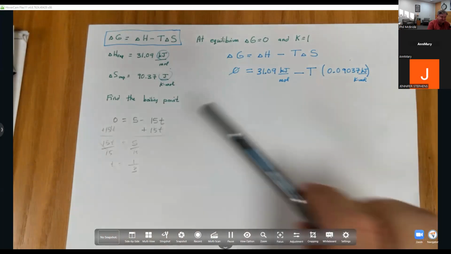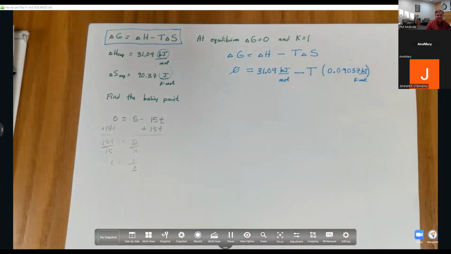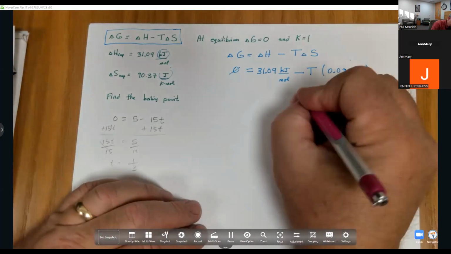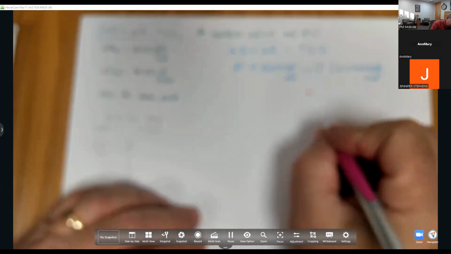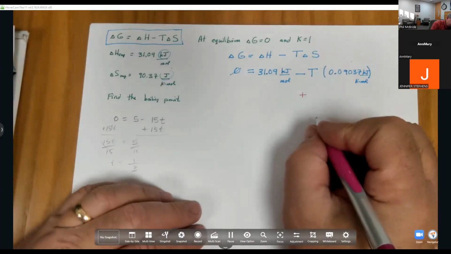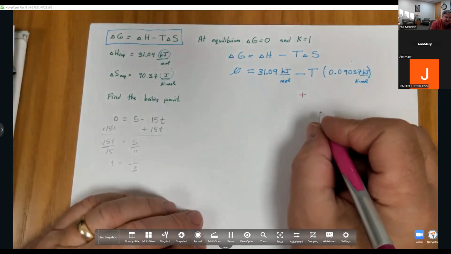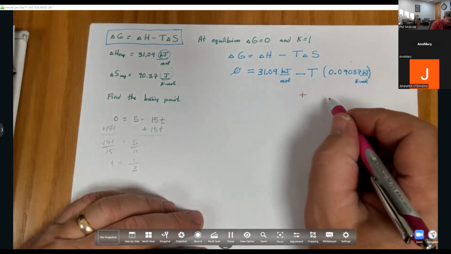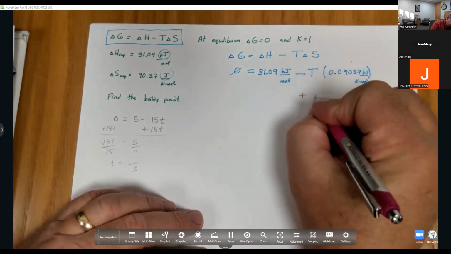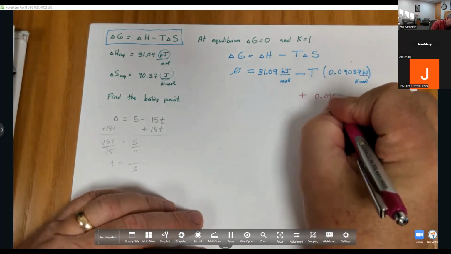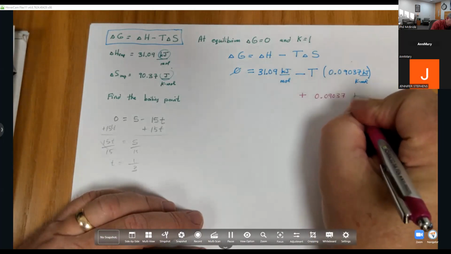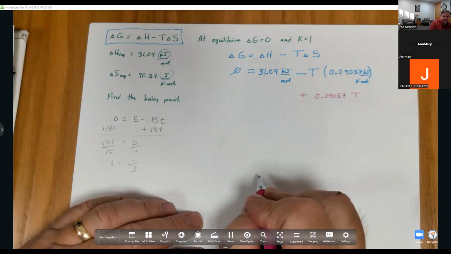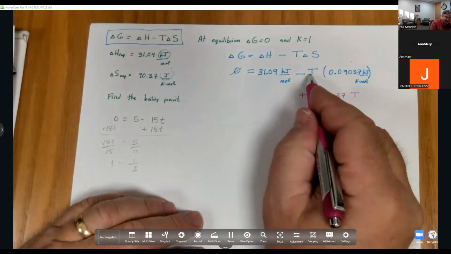Okay. Same pattern. What are you going to do to this side? Add T to both sides. Oh no, sorry, it's the parentheses, so it's 0.09037 T. Just think of the T on this side, instead of on the left, put it on the right.